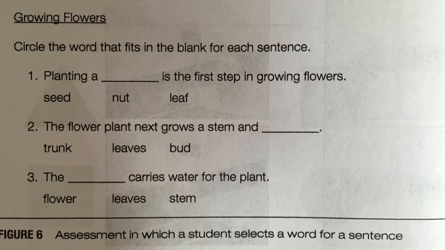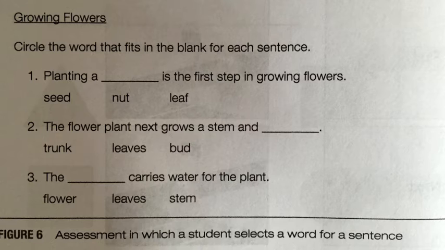The example here shows a worksheet where beginning readers can match sequence pictures with sequence words by drawing lines between pictures and words. It's from your textbook. This is an example of a fill-in-the-blank question test.